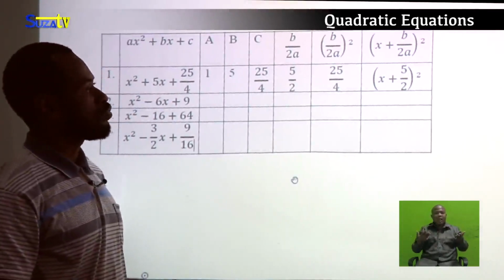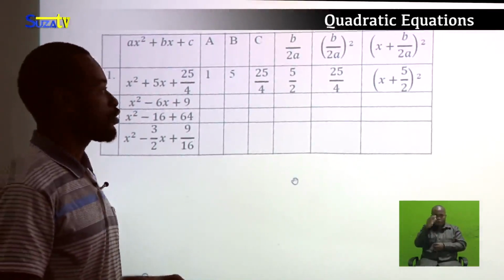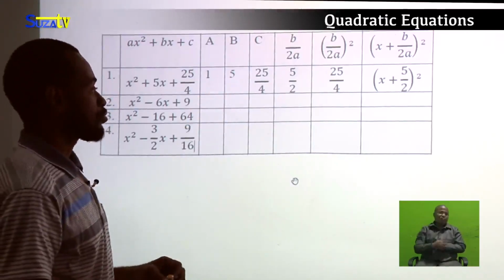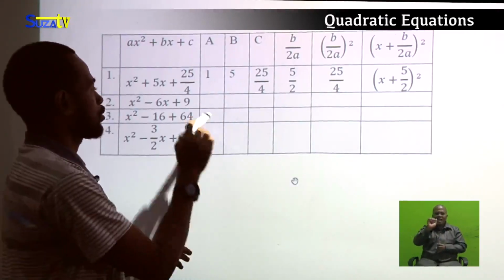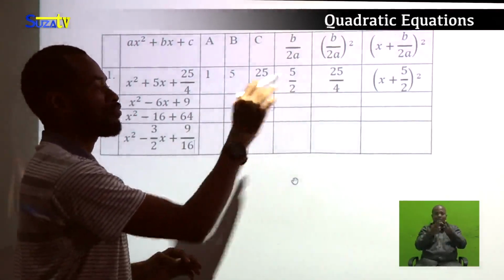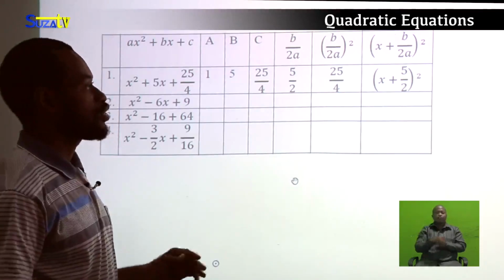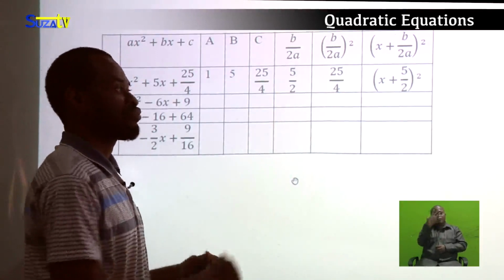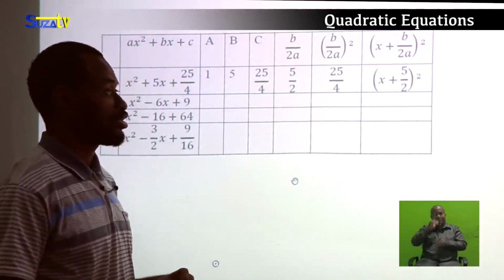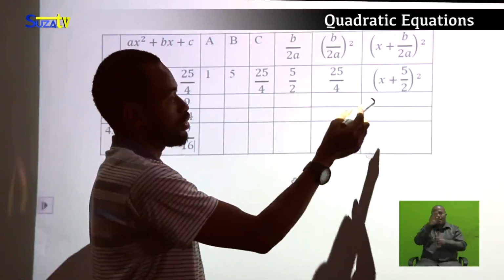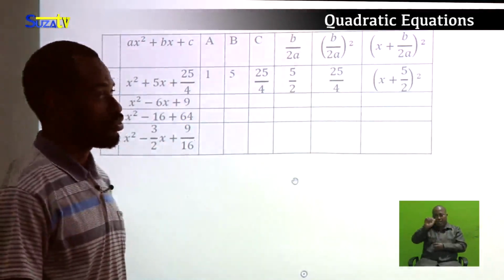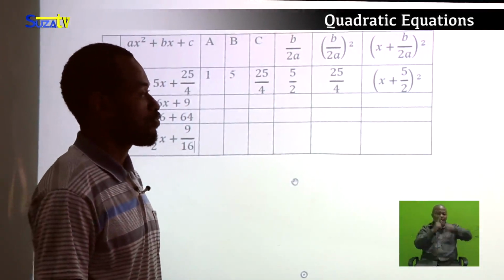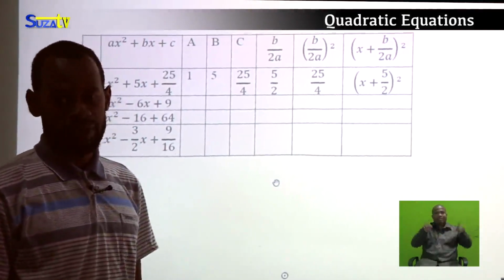So now what is b over 2a? b is 5, and a is 1, so it is 5 over 2. What about b over 2a square? That is the square of this one, which is 25 over 4, and the last expression is x plus b over 2a square, that is x plus 5 over 2 the whole thing square.